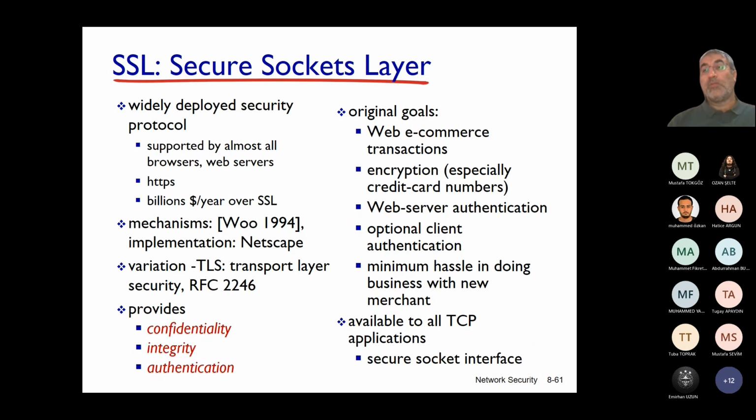The main original goals for developing SSL were to support e-commerce transactions and encryption, especially for credit card numbers, web server authentication, and some optional client authentication. SSL is available to all TCP applications.